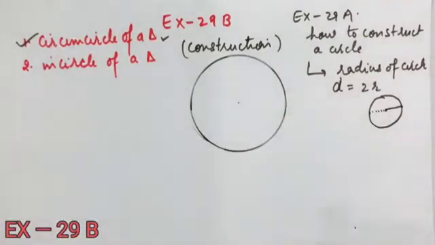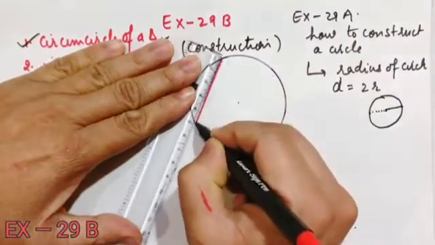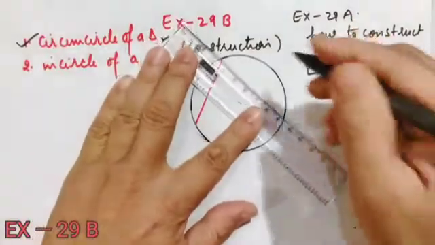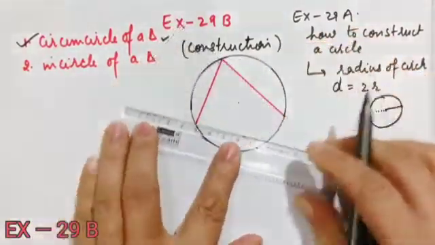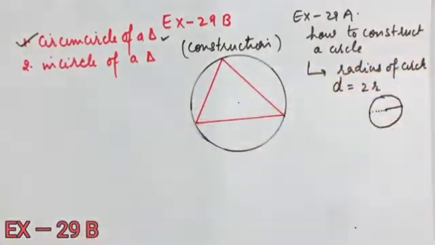Here it means any triangle, for example let me draw a triangle, this is a triangle. You will be given to construct a triangle first. First it will be said to draw a triangle, so you will construct a triangle, which you had studied earlier.